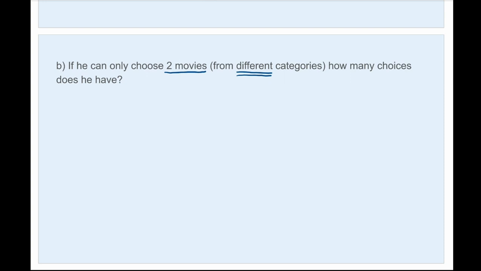So in this case, I have a couple of different scenarios. Case 1, I'm choosing a horror movie and I'm choosing an action movie. I have 5 horror times 3 action, so there are 15 ways in this scenario.